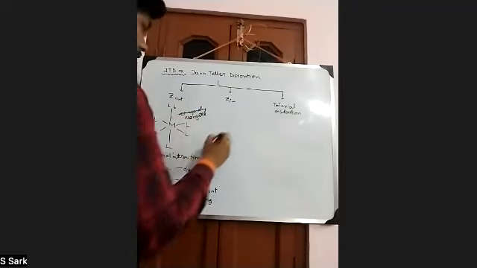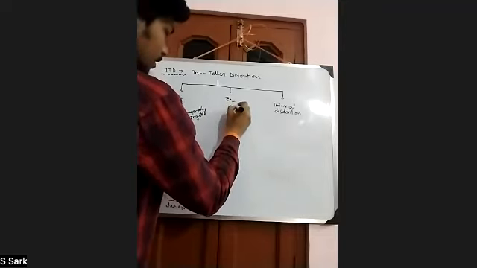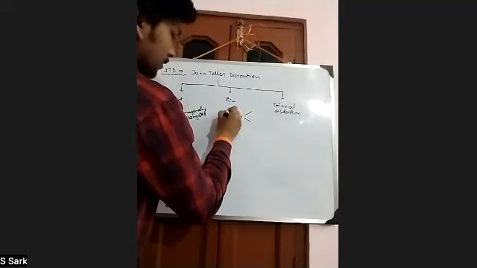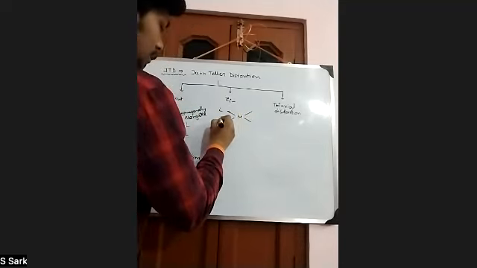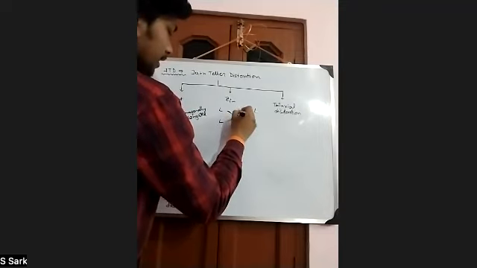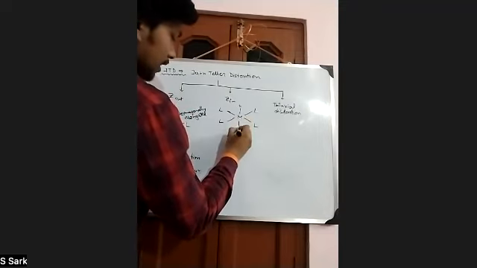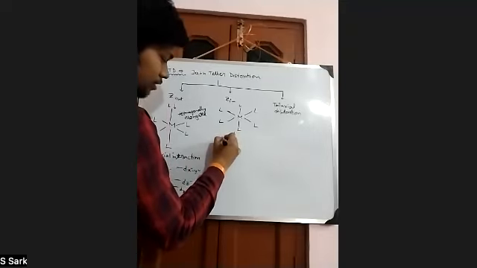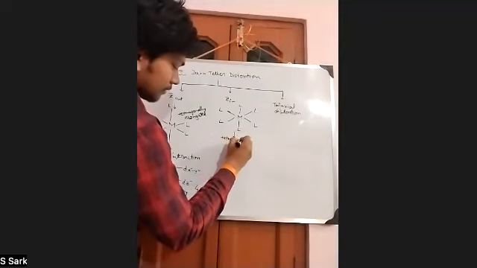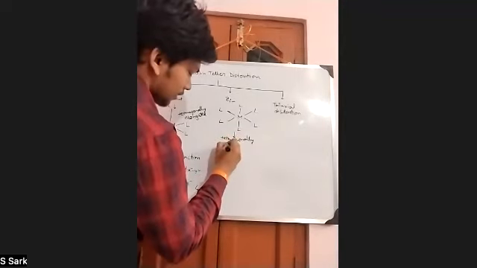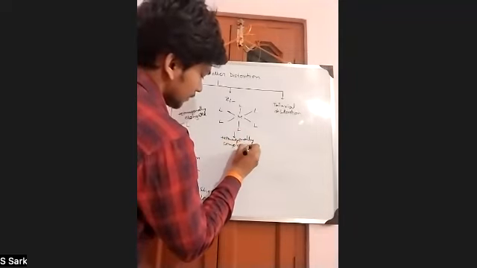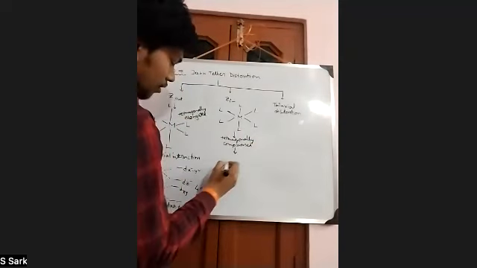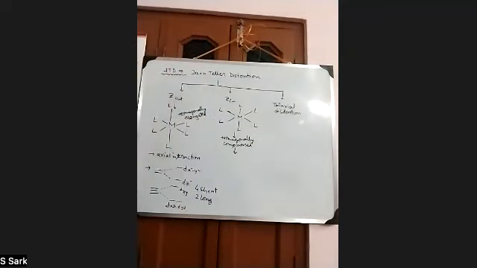Now, in case of Z in, the equatorial bond lengths are getting bigger than the axial bond lengths. So it is basically tetragonally compressed. Tetragonally compressed distortion. And here also the splitting of the d orbital changes.